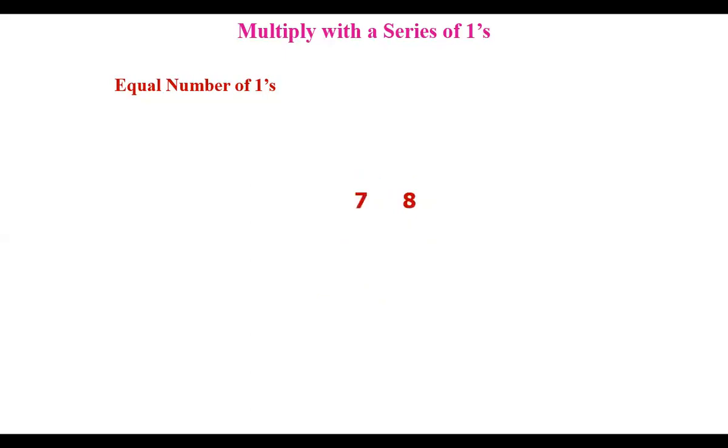Let's take another example, the number 78, multiplied with the same number of ones: 2 digits here and 2 digits here also. When you multiply this, we start with the units place, one number. We put this 8 here in the units place.